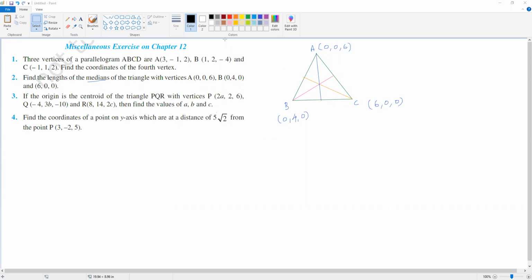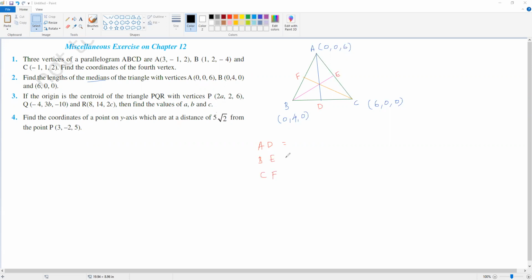So you can just name these as D, E, F. We need to find the lengths AD, BE, and CF.